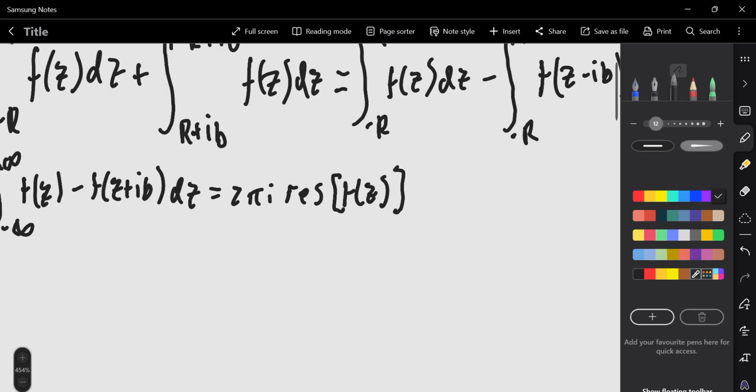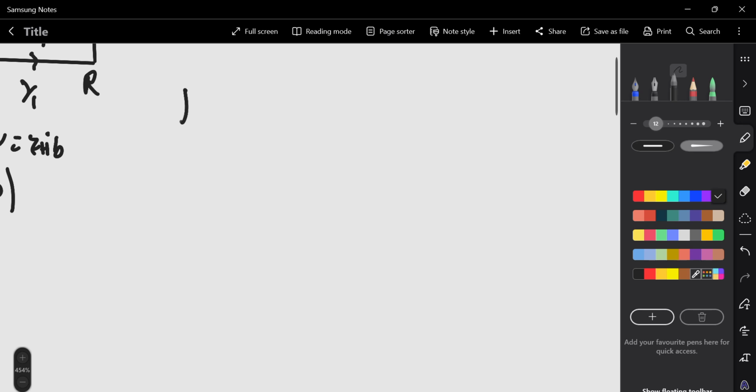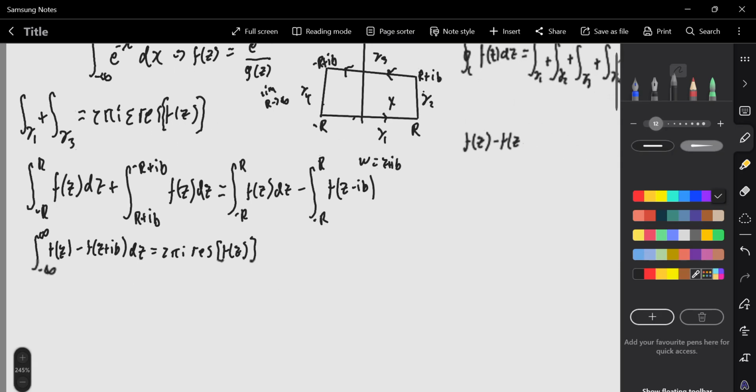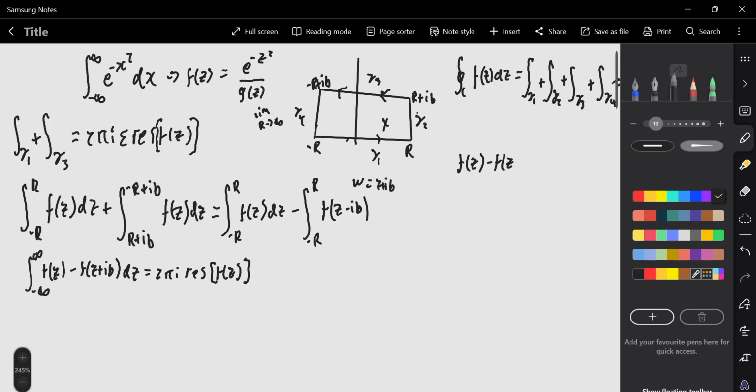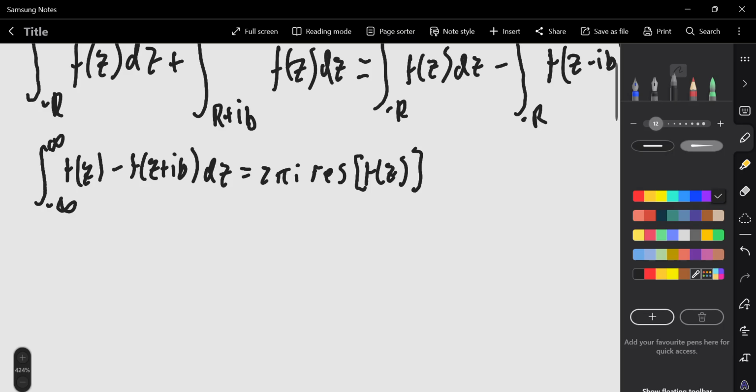We want that f of z. We're going to say this minus what we just wrote out. Too much maths on my board. e to the minus z squared. We said there's a problem with that function.